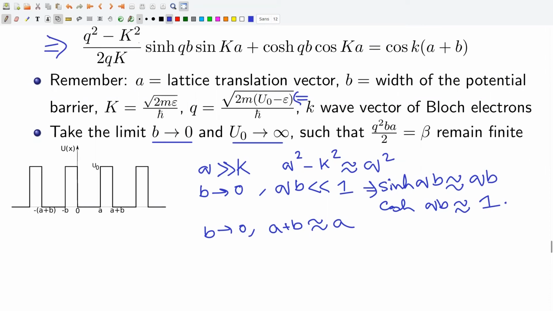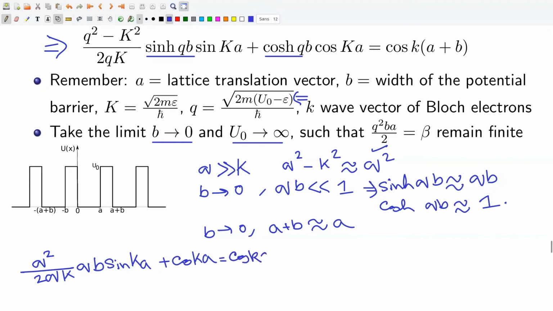So q square minus K square is approximately equal to q square, so we put it, and then we have divided by 2qK sine hyperbolic qb, this is approximately equal to q times b, then we have sine Ka plus cos hyperbolic qb is approximately equal to 1, and then we have cos of K(a plus b), this is equal to cos of small k times a, because a plus b is approximately equal to a.